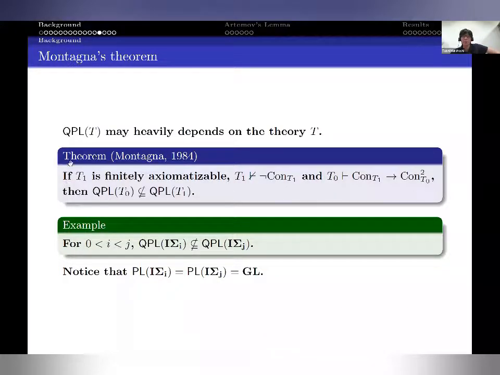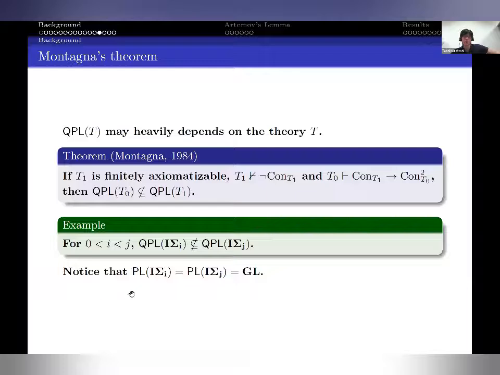From this observation, as an example of a consequence of this theorem, we have that for any non-zero natural numbers i and j with j larger than i, QPL of I sigma i is not included in QPL of I sigma j.